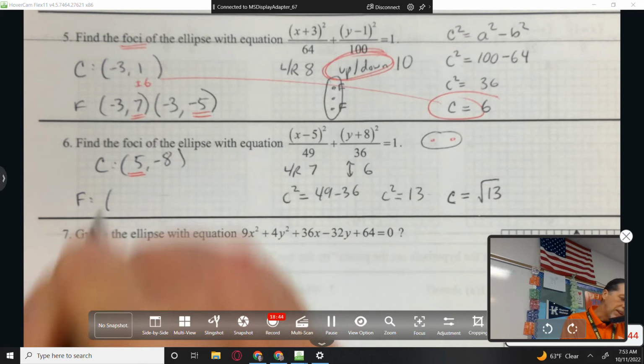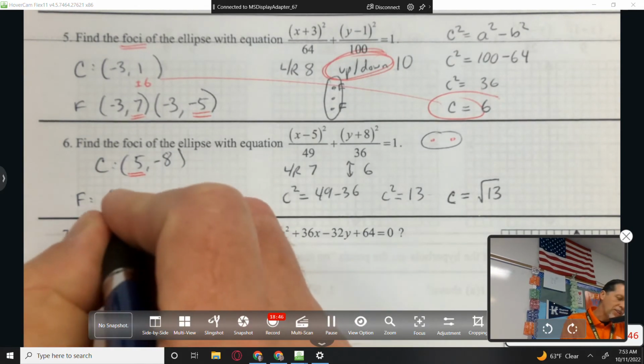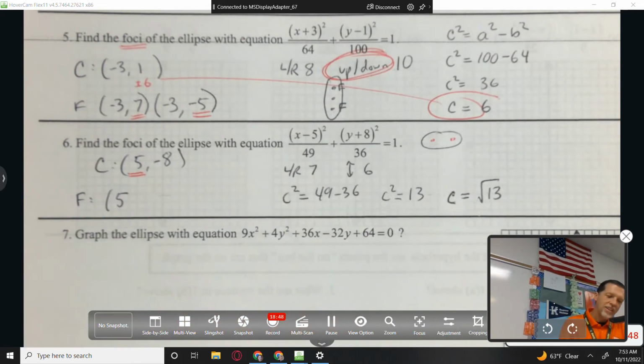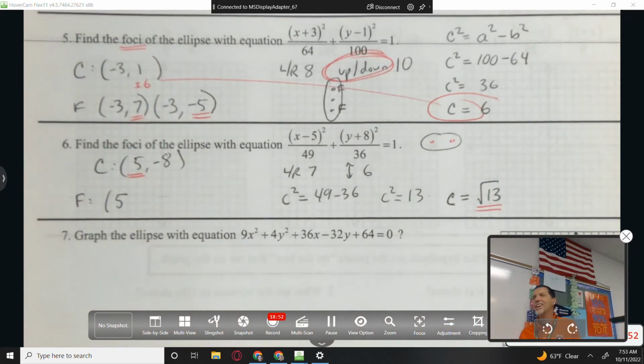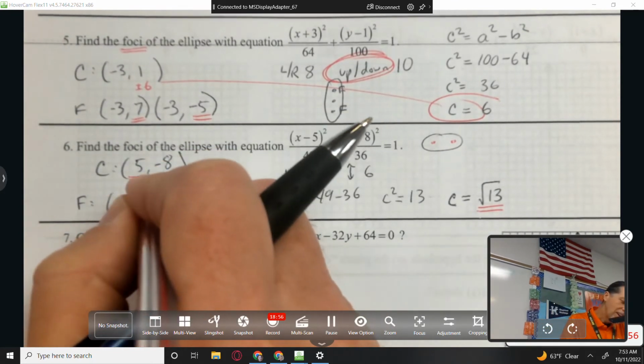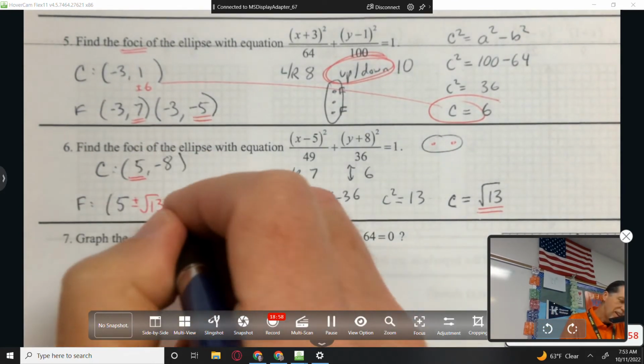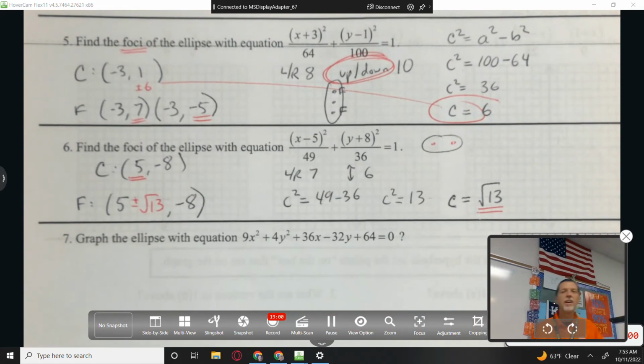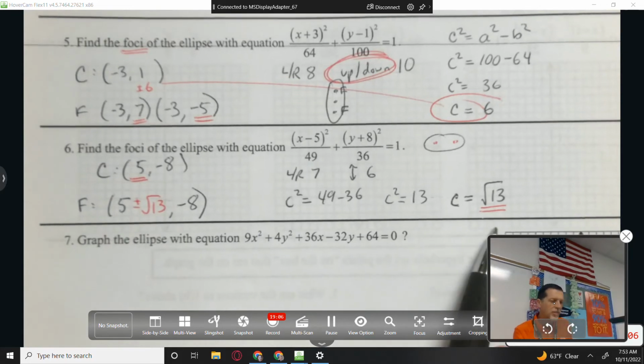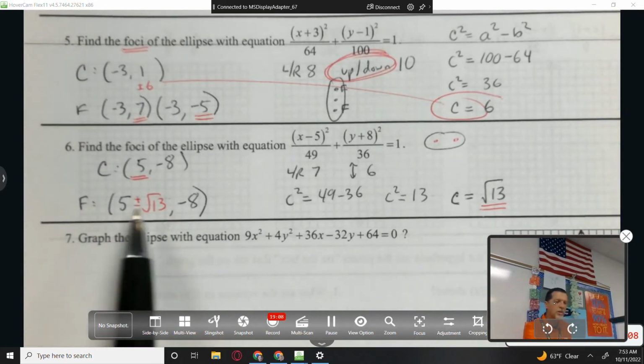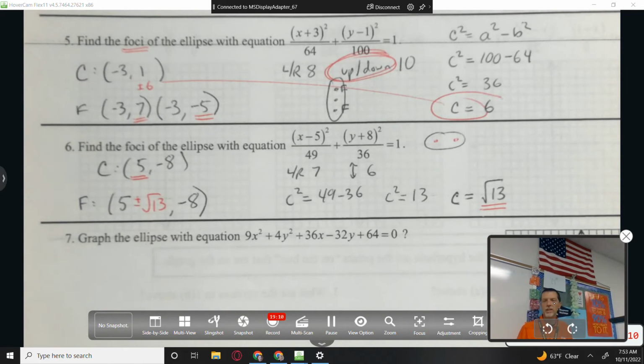So what would be an easy way to add and subtract 13 to 5? This is almost too easy. Just write plus or minus square root of 13. Because we want to go left and right by square root of 13. So x coordinate plus or minus square root of 13.